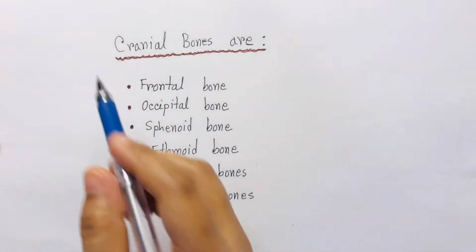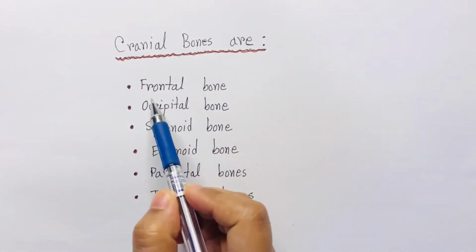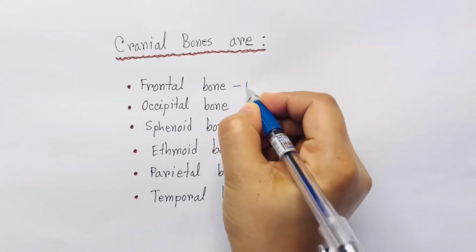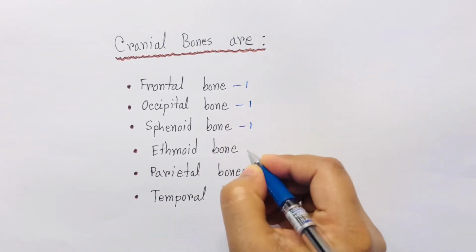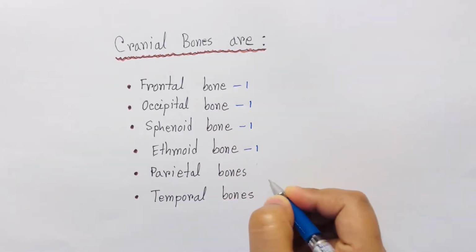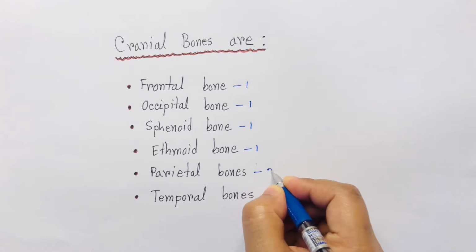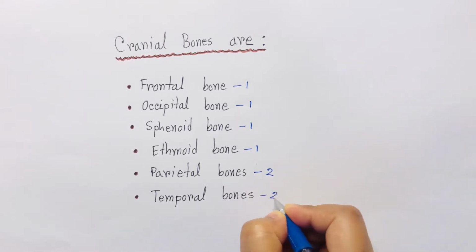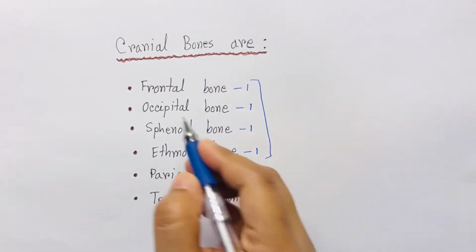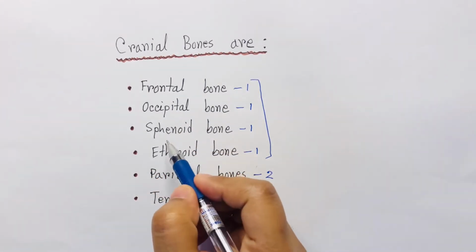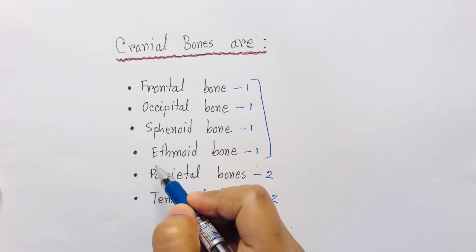So our cranial bones are the frontal bone. We have one frontal bone, then one occipital bone, one sphenoid bone, one ethmoid bone, and we have two parietal bones and two temporal bones. So we can see this: frontal, occipital, sphenoid and ethmoid.